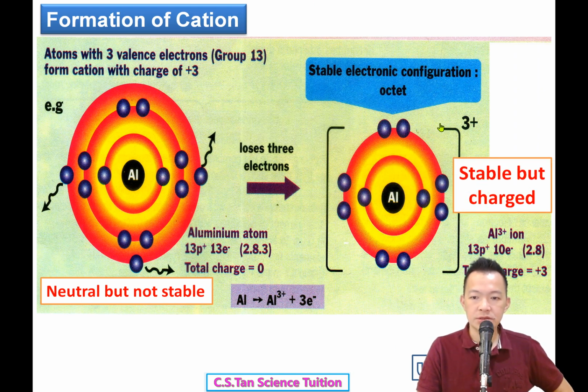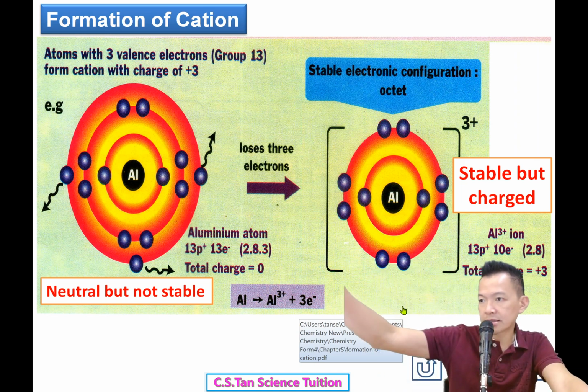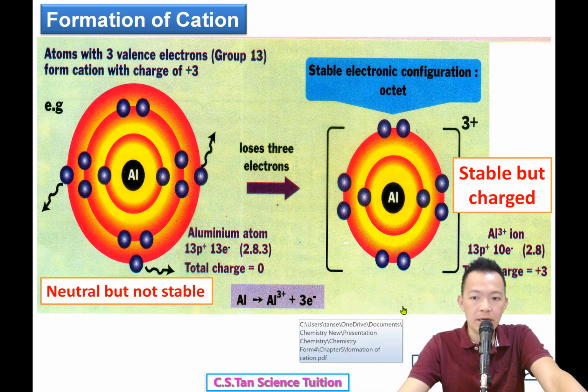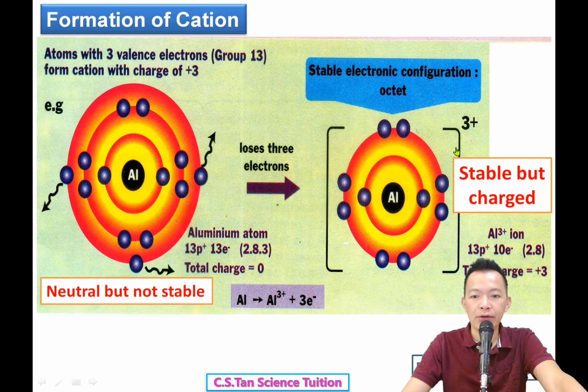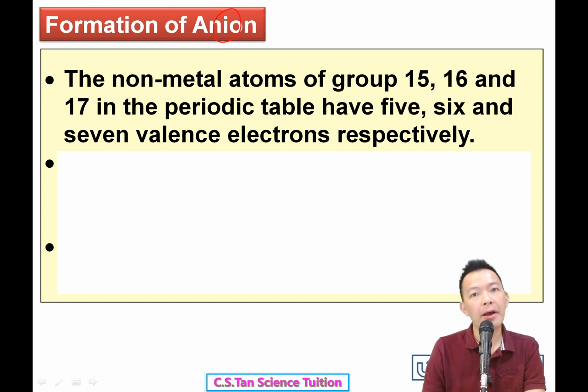How do you know? 这个 bracket 就是代表 stable，but charge 这边就是它的 charge，它已经带电了 3 positive.